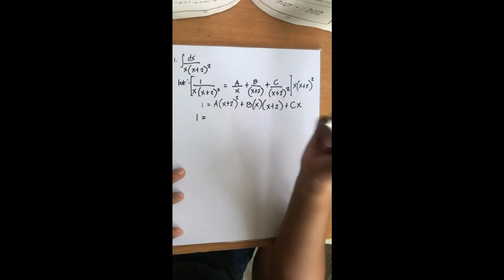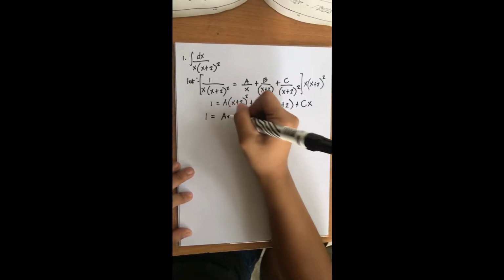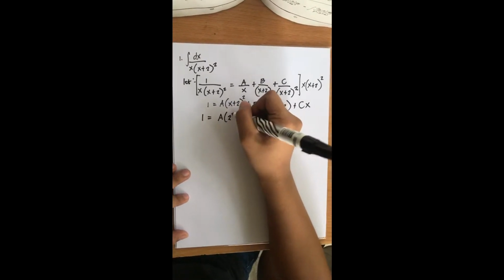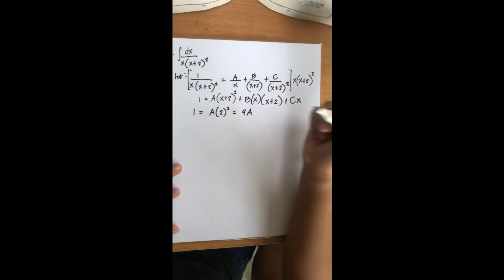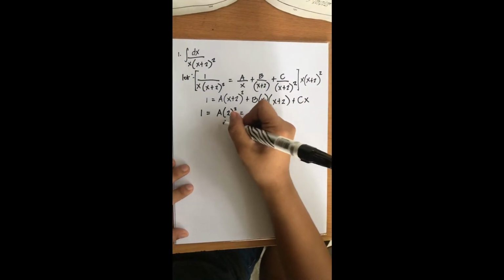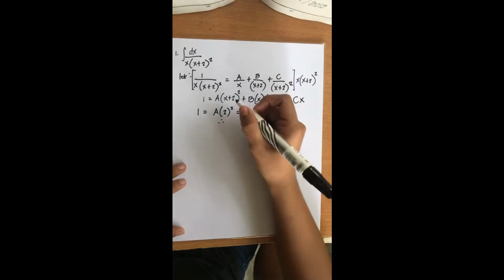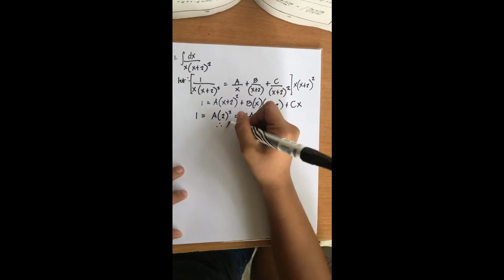If x is 0, 1 is equal to a times 2 squared, which is 4a. a is equal to 1/4.